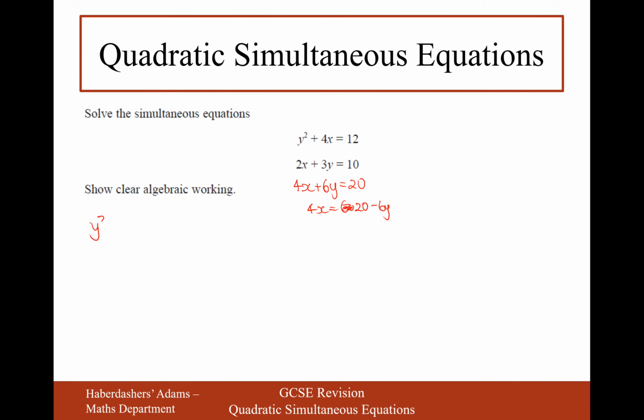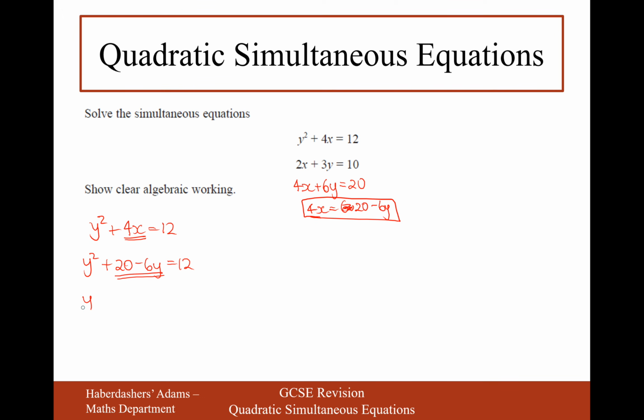So when I take my equation y squared plus 4x equals 12, I can replace 4x with 20 minus 6y. So y squared plus 20 minus 6y equals 12. And I've done a substitution here. 4x is equal to 20 minus 6y, so that's why I've just replaced 4x with 20 minus 6y.